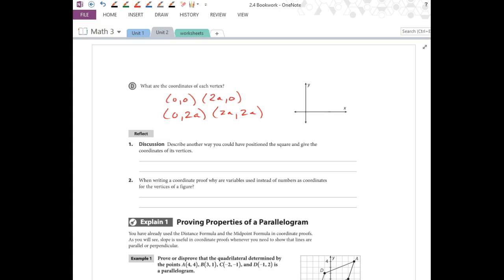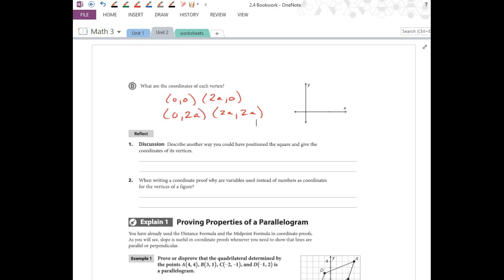When writing a coordinate proof, why are variables used instead of numbers? The reason is that if I use a variable, it includes any number that I could possibly plug in. It's like the blanket statement of this always works.